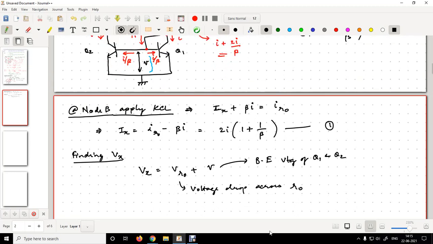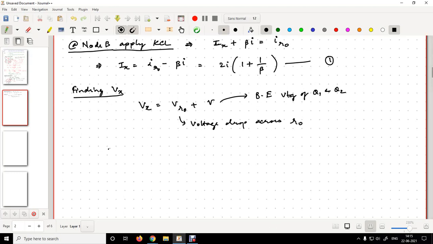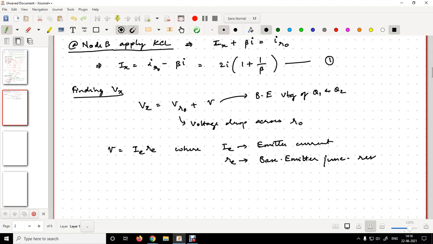If you remember, V I can write as IE times RE, where IE is the emitter current and RE is the base emitter junction resistance.